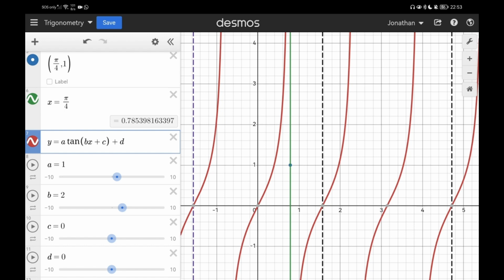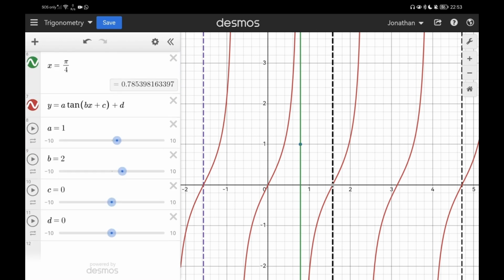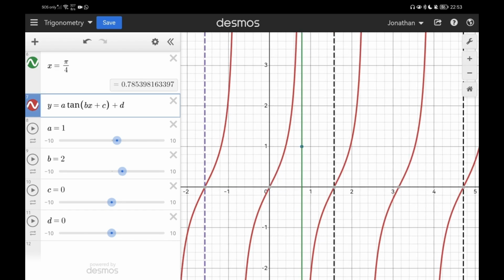So this implies that as the period changes, the asymptote also changes because it affects the cycle. So let's say I put b is 2. It means that from 0, you need to have 2 cycles in order to approach the pi.